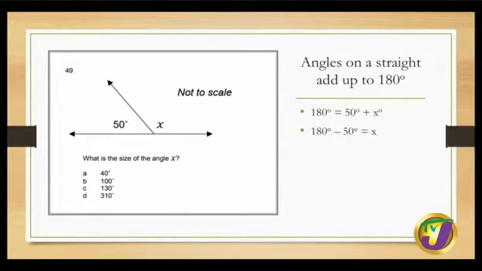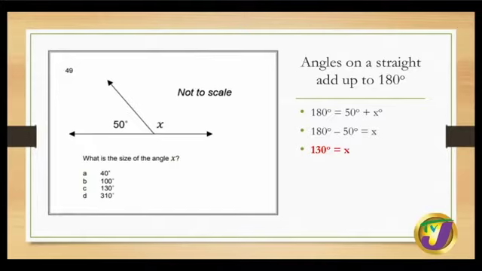That means if I were to take away the known angle from the 180 degrees, it would give me the value or the degree of angle for X. And when I do that, 130 degrees is angle X. Now let's check that. If I were to replace X with 130, 130 plus 50, 180. Excellent.